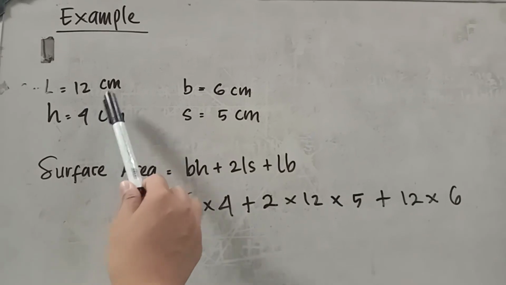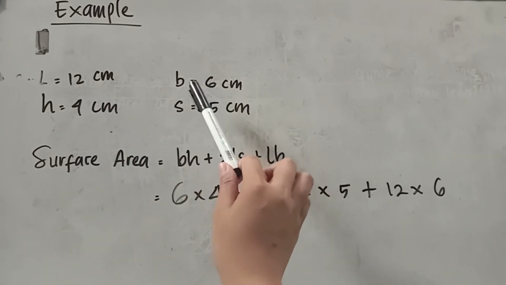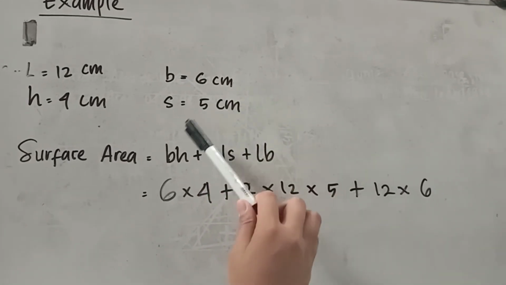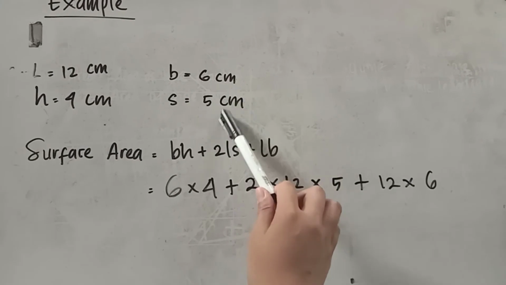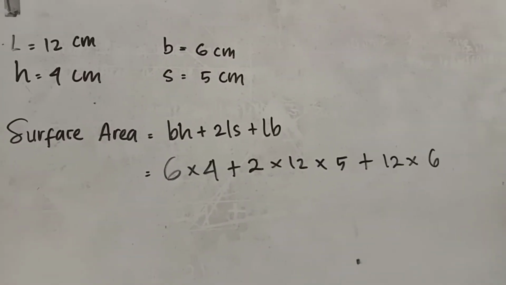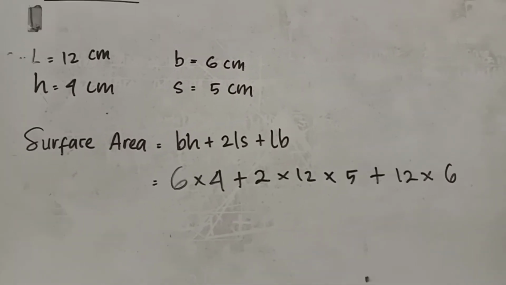Example: length 12 cm, height 4 cm, base is 6 cm, and side is 5 cm. Find the surface area and volume.